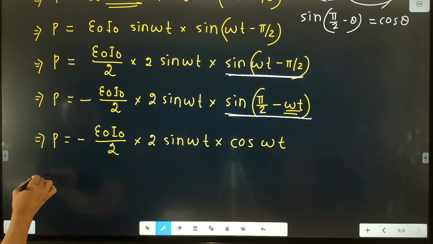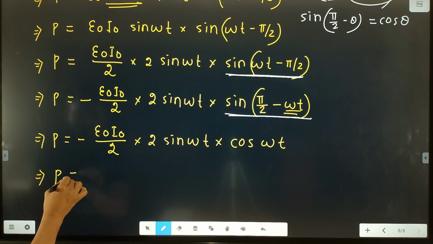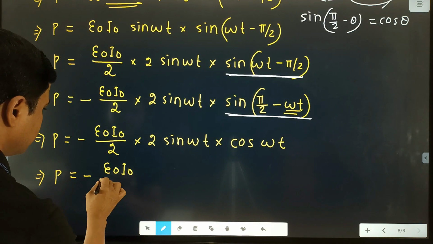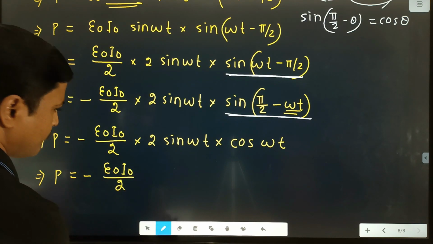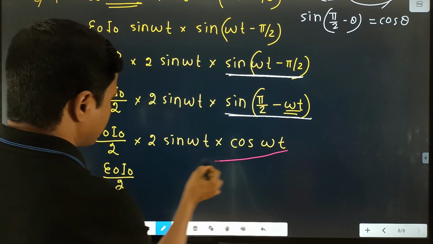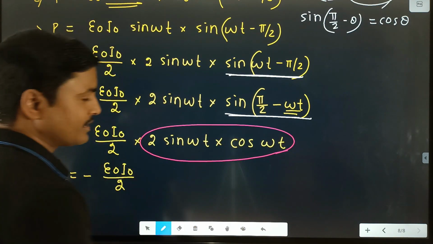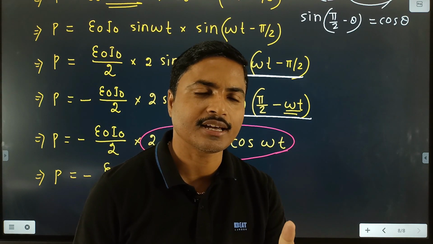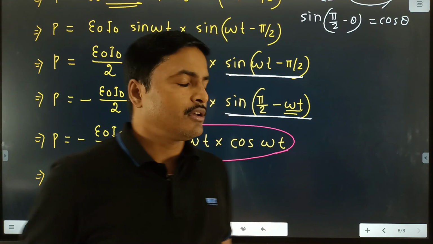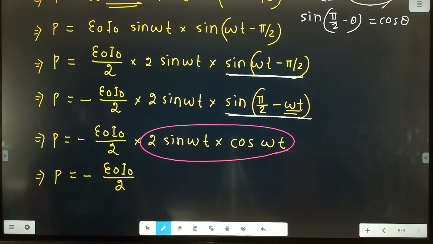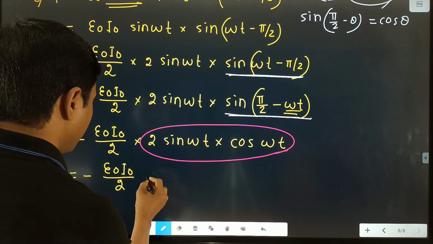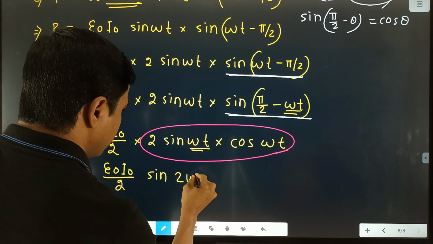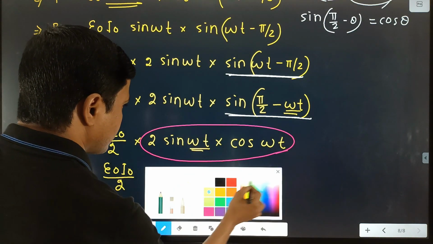Finally we get the instantaneous power, minus E0 I0 divided by 2 multiplied by sin 2 omega t.